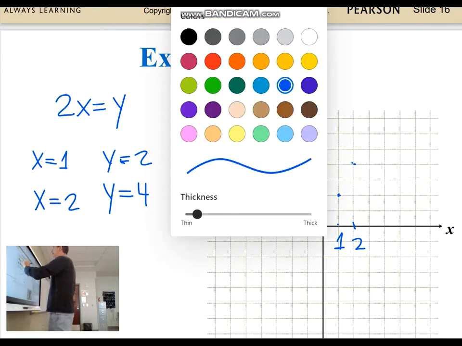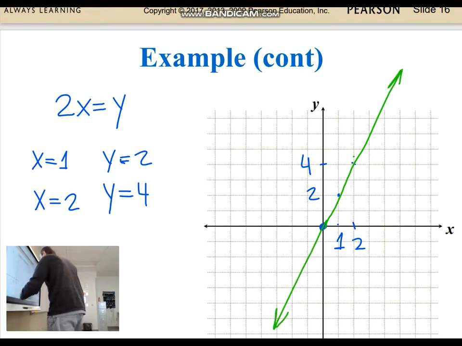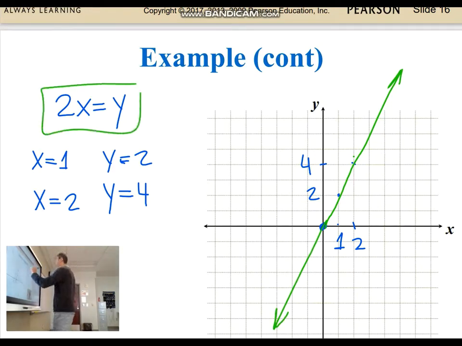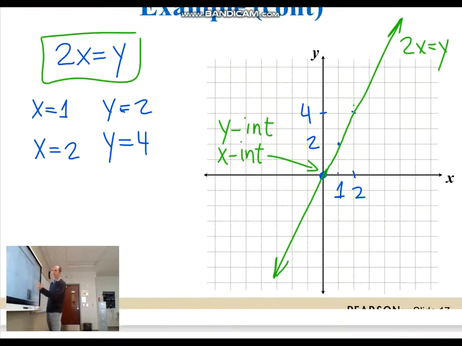Now connect the dots and you will find the graph of this equation. All right. And right here is going to be what? The y-intercept and x-intercept, both in the same place, in the same position.